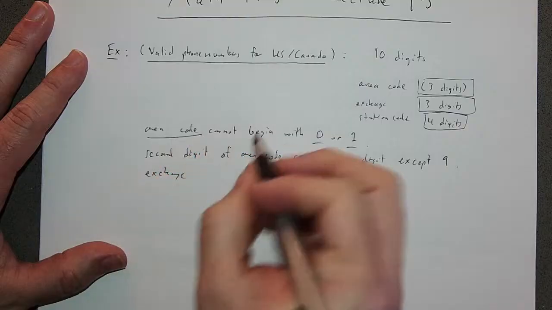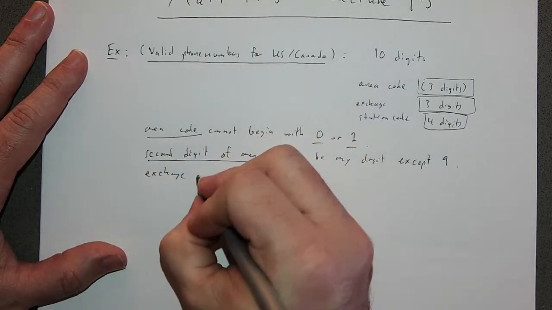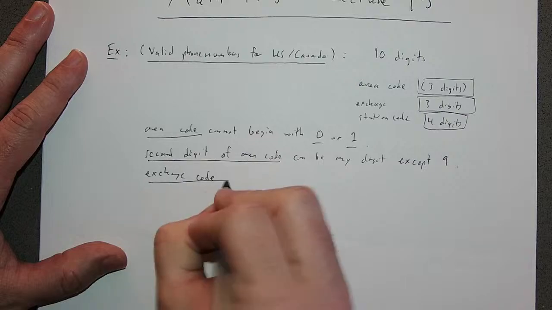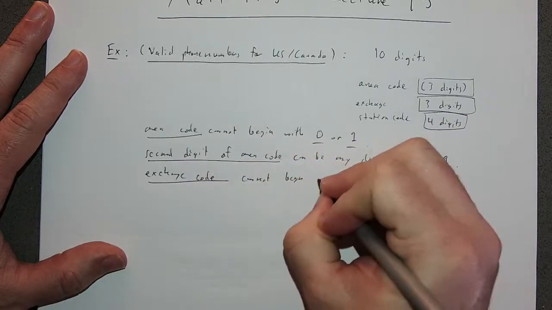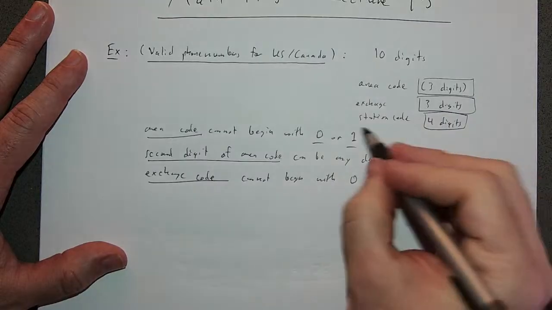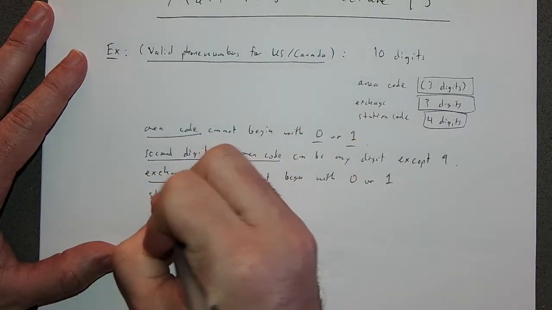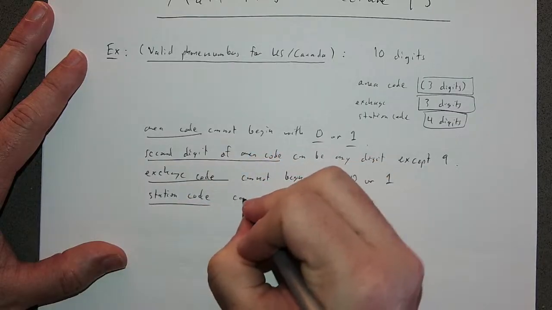So we have these 2 limits on the area code. The exchange code cannot begin with a 0 or 1. The station code can be any 4 digits.